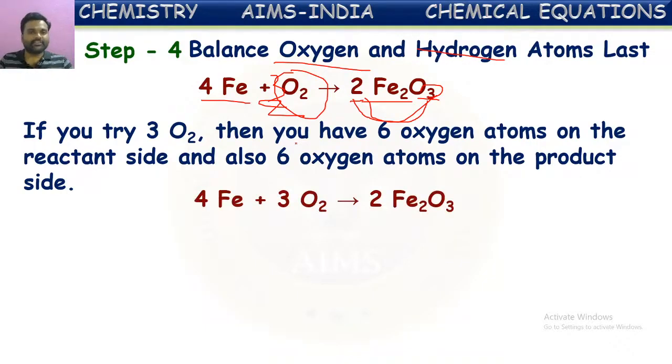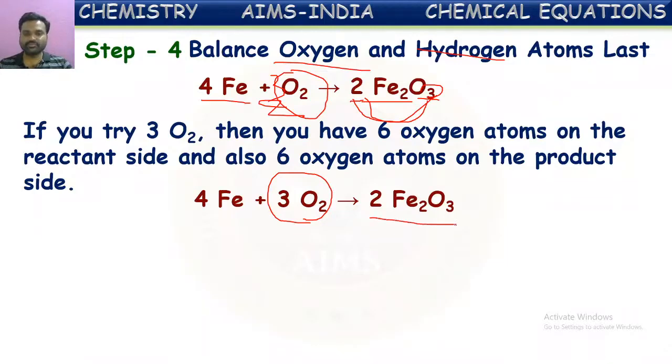So you can make this equation like this. By this, if you observe the number of oxygen atoms on both the sides, it is becoming 6. So what is the number of oxygen atoms on the reactant side now? If we count, in each molecule there are 2 oxygen atoms and there is a coefficient. If there is any coefficient, that should be multiplied by the number of atoms in the molecule, and then we get the total number of atoms. So if you multiply these two, we get 6 oxygen atoms on the reactant side.